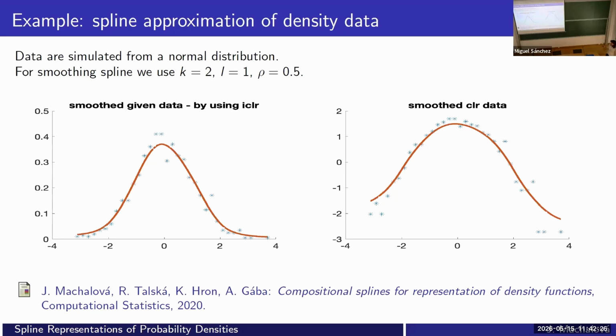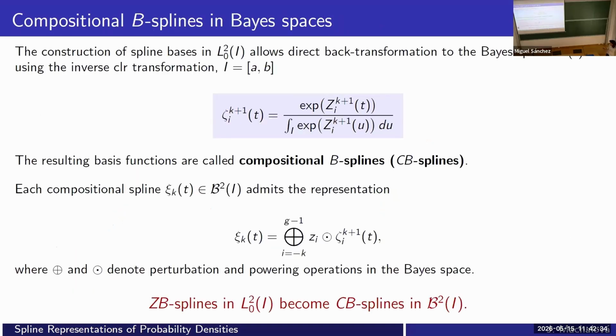So the question is, if we have inverse CLR transformation for the final spline, we can do it also for basis functions. So it means that we can define so-called compositional B-splines, which are in fact inverse CLR transformation of ZB splines.